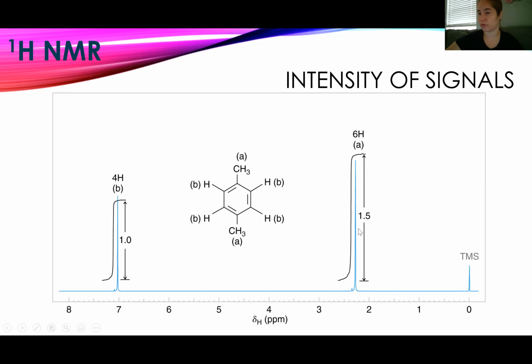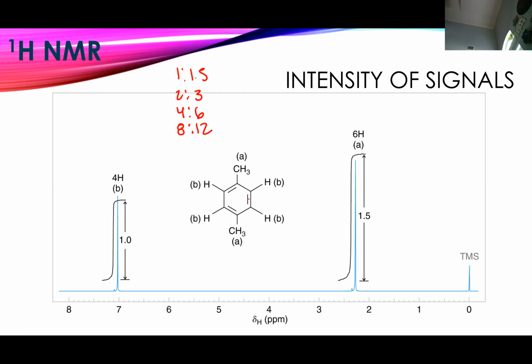If it said 1.33, you'd have to multiply times 3. So if you multiply both of these numbers by 2, you would get a ratio of 2 to 3. So 1 to 1.5 is the same as a ratio of 2 to 3, which is the same as a ratio of 4 to 6, which is the same as 8 to 12, and so forth. You could keep going, right?